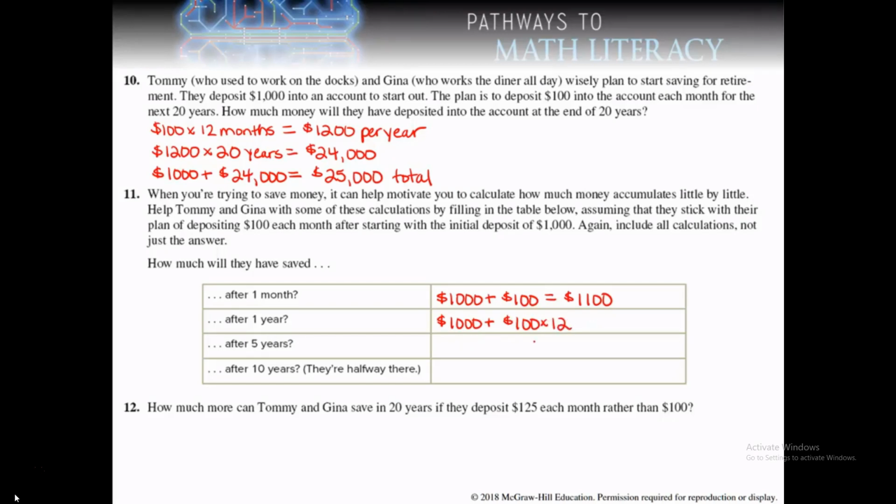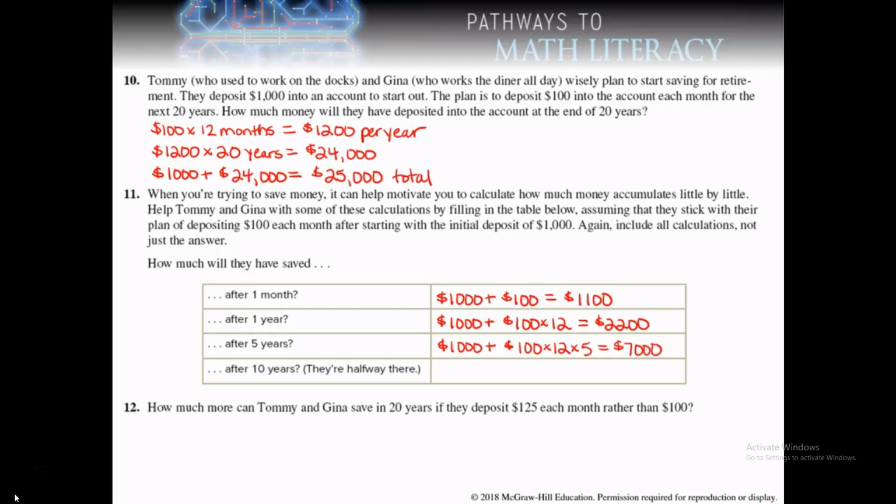So 1,000 plus 100 times 12 gives me $2,200. After 5 years, they still started with the 1,000 plus that $100 times 12 months would give them 1 year's worth of deposits. I need 5 years, so I'm also going to multiply it by 5. That comes out to 7,000.